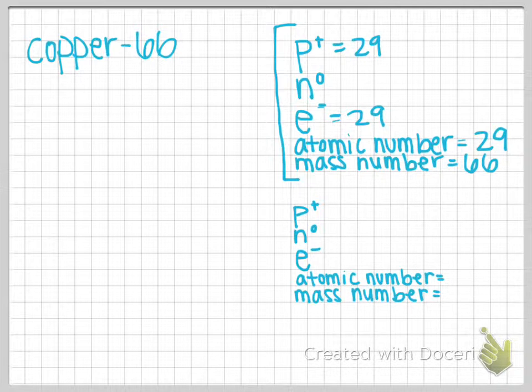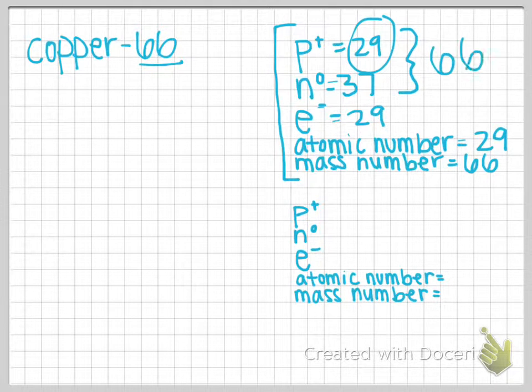Now our neutrons we need to figure out. Our mass is 66, and our protons are 29, so 29 plus our neutrons equals 66. You do that subtraction and find that your neutrons equal 37. In other words, these two added together equal your mass of 66.